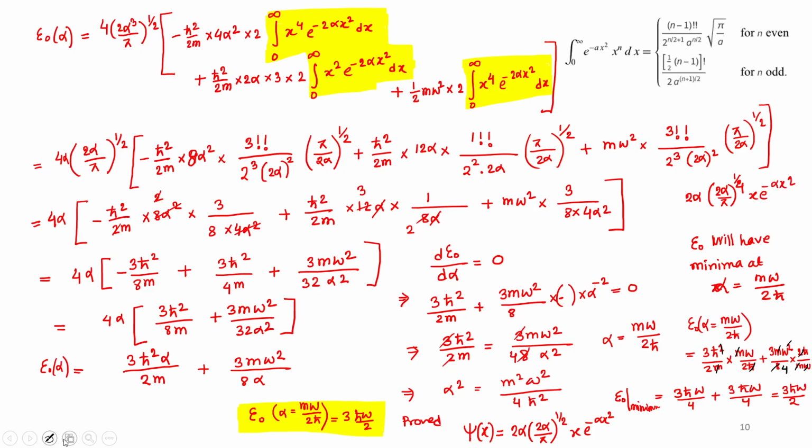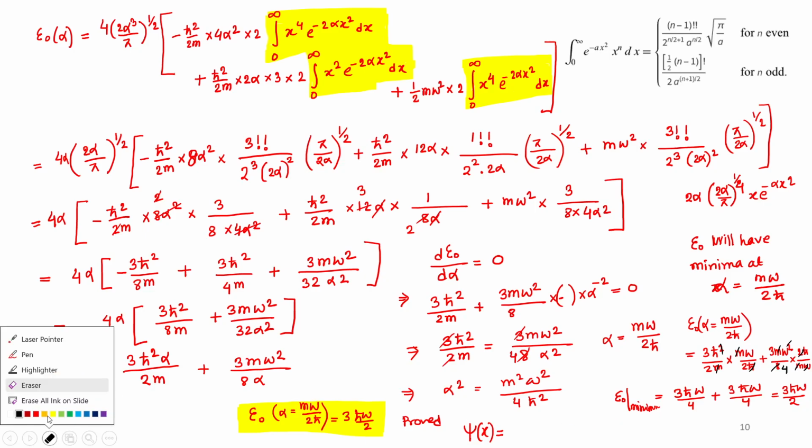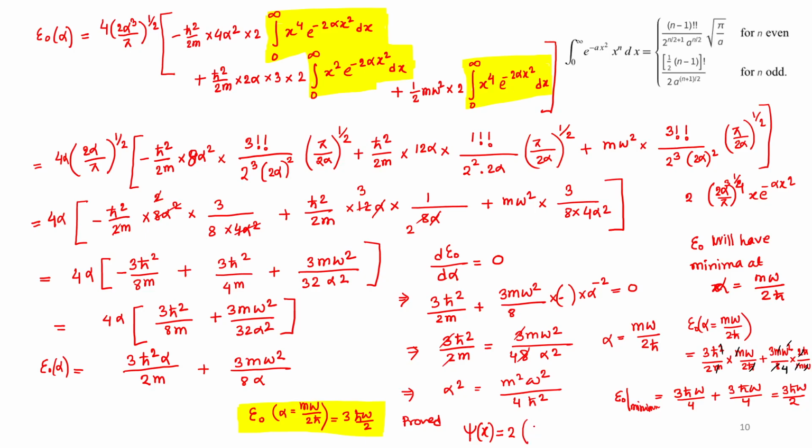So I need to put the values here. 2 alpha is going to be, so I can actually write it as 2 alpha cube, right? 2 into 2 alpha cube is m cube omega cube.